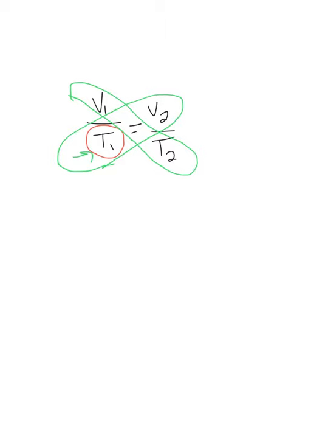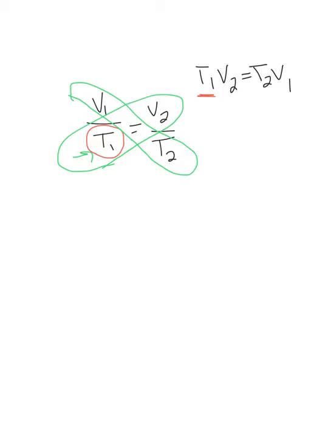So here in this situation, to solve for T, I would start by having T1 times V2 is equal to T2 times V1. We're trying to solve for T1. So if I want T1 by itself, I need to get rid of V2.